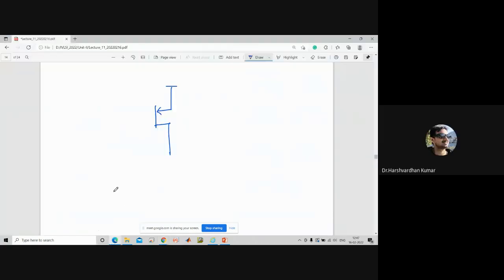Okay, now see here. What is happening? Here we need to connect the input signal. Here we are supplying the VDD. Also, this is the source.